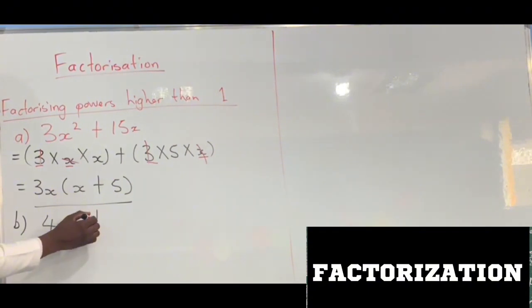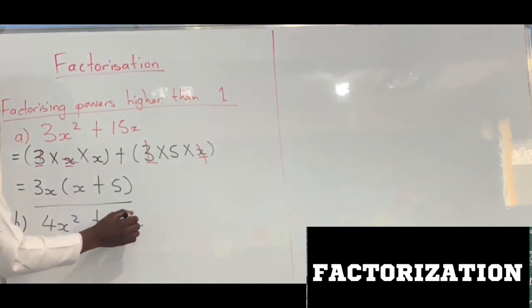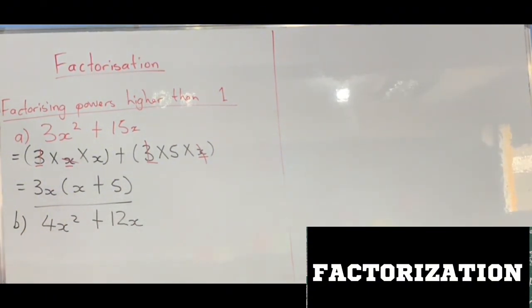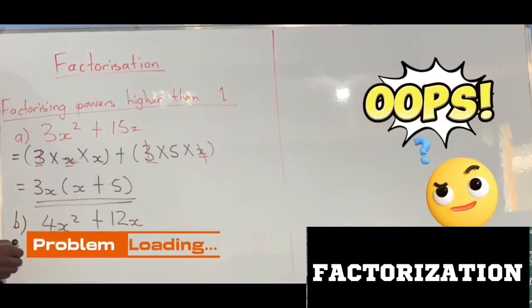The next example, 4x squared plus 12x. Again, the trick here is to find some apparent commonality before you even attack the problem. You can see here that there's 4 here and there's 12. These are both multiples of 4.